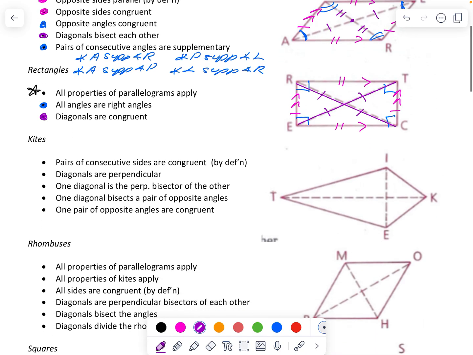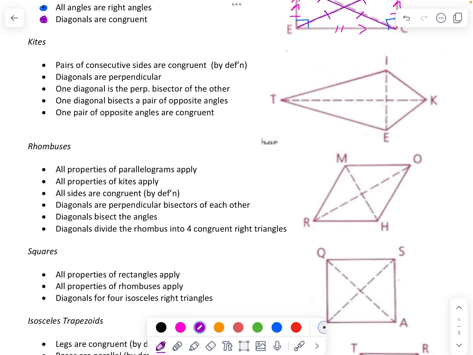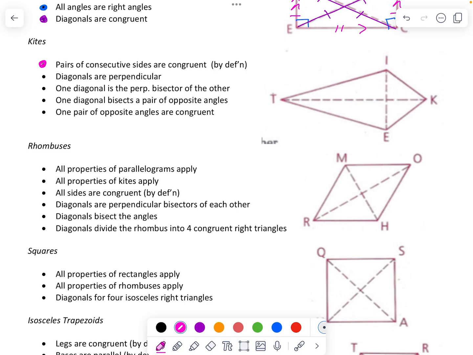Now, for the kite, a kite is not a parallelogram, but we defined the kite yesterday by the short sides being congruent and the long sides being congruent. Kites also have some other cool properties. Diagonals are perpendicular, so they cross there at a 90-degree angle. Also, one diagonal is the perpendicular bisector of the other. It's obviously not the long one, but the short one is cut into 2 equal pieces.